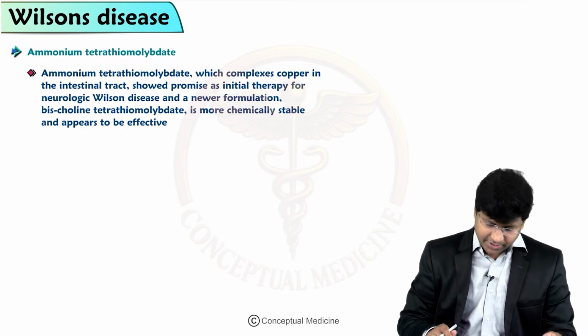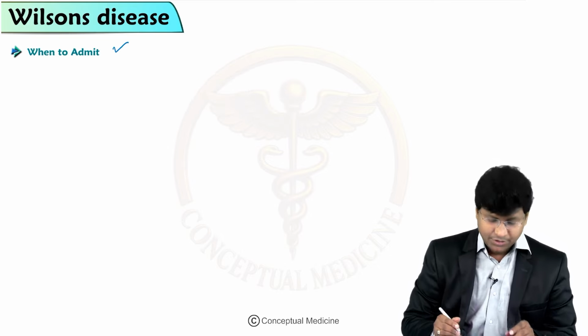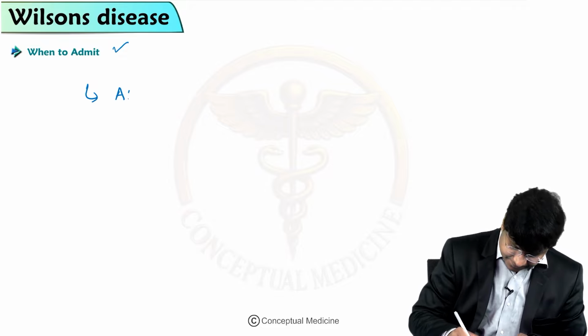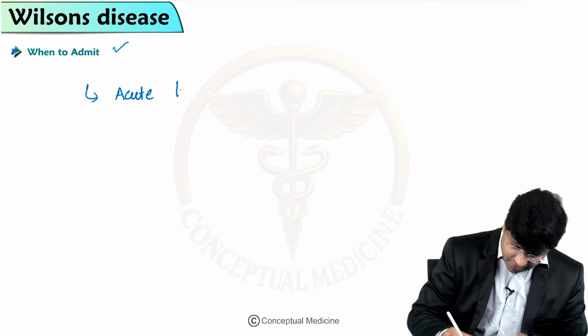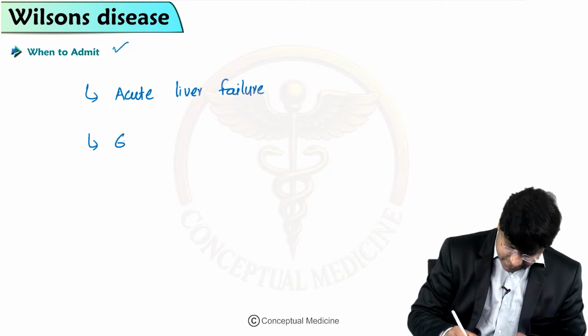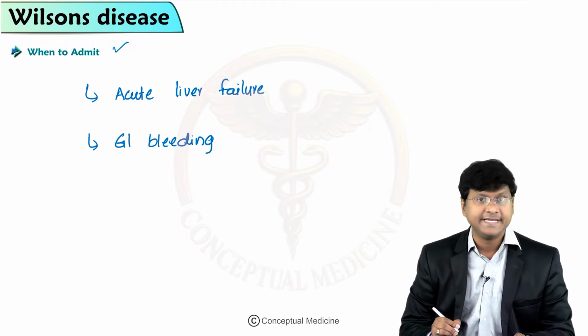Next, the question comes: when do you need to admit the patient? You have to admit the patient whenever the individual develops acute liver failure. You need to admit the patient if there is gastrointestinal bleeding.